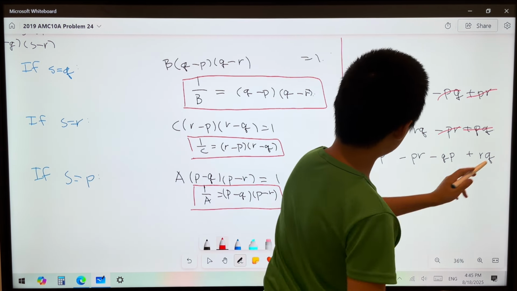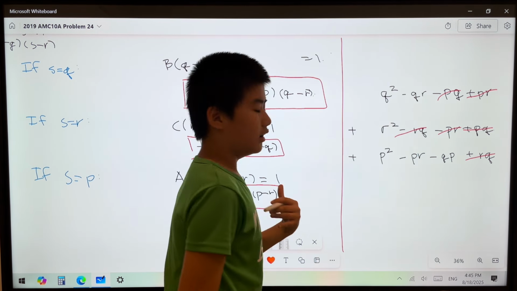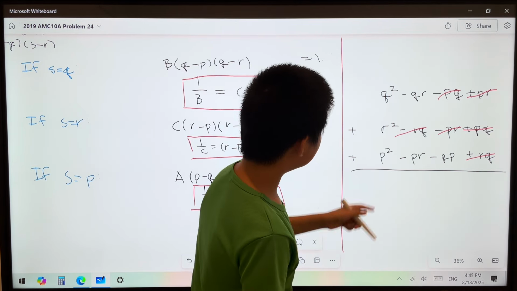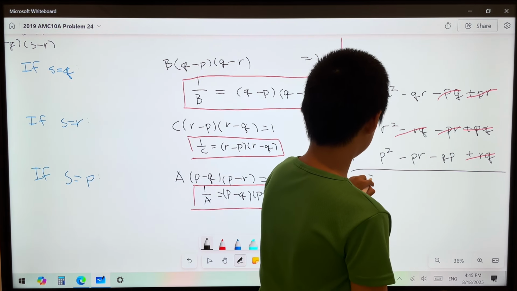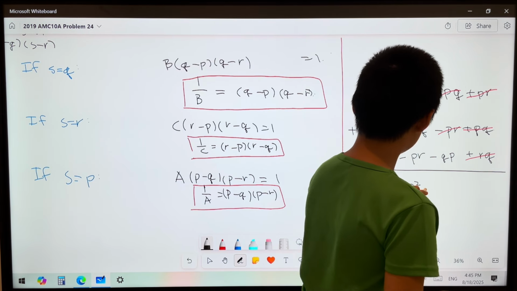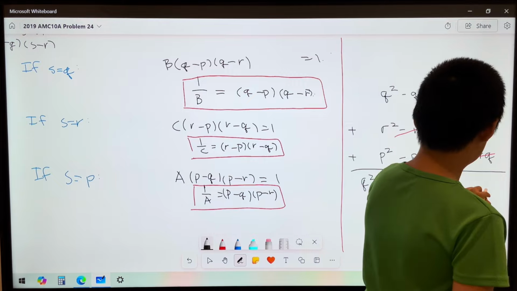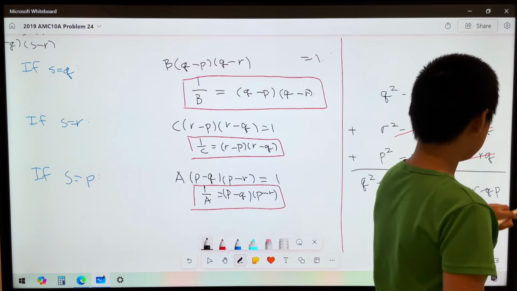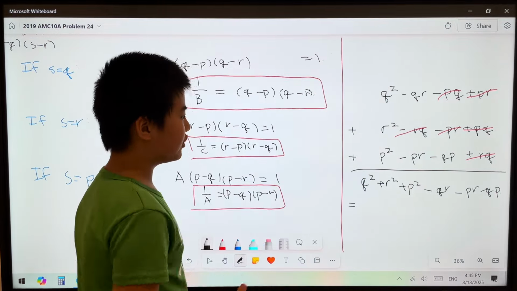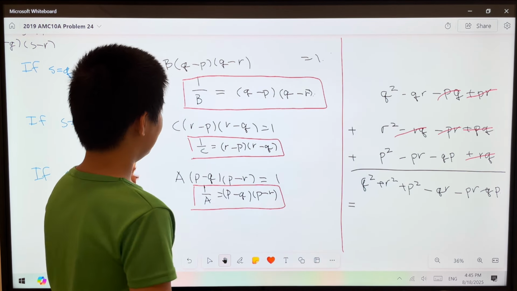And rq and qr, same thing, also cancel, right? And that leaves you with a grand total of q squared plus r squared plus p squared minus qr minus pr minus qp, right?